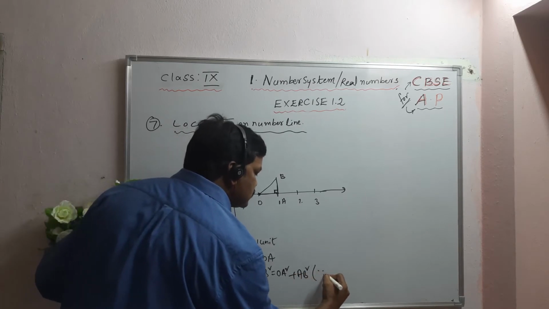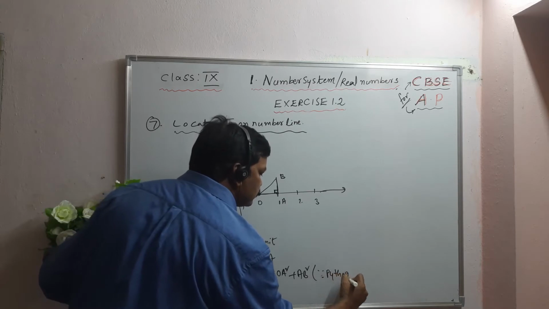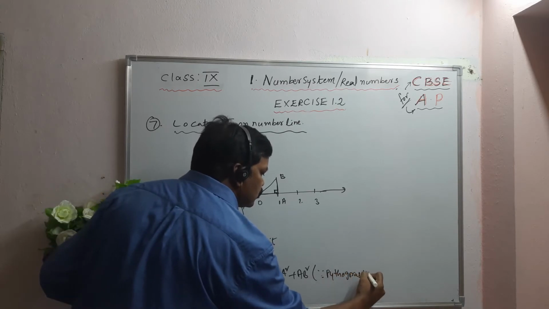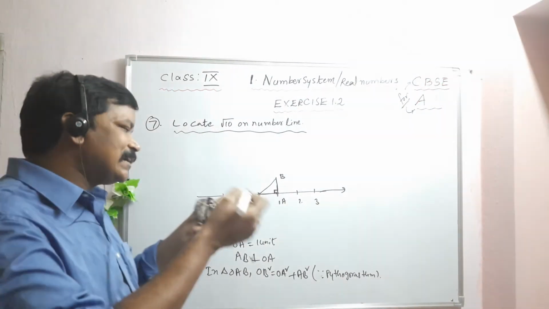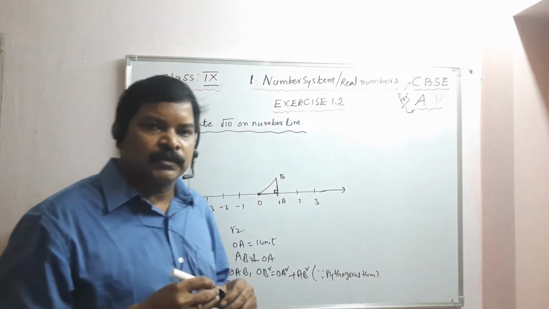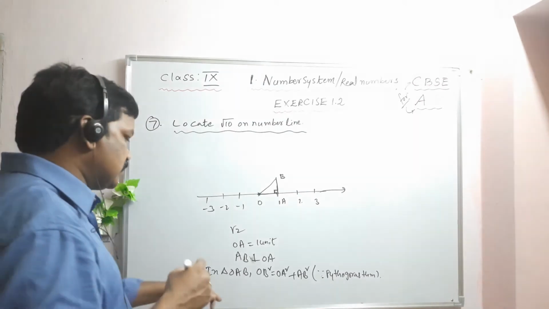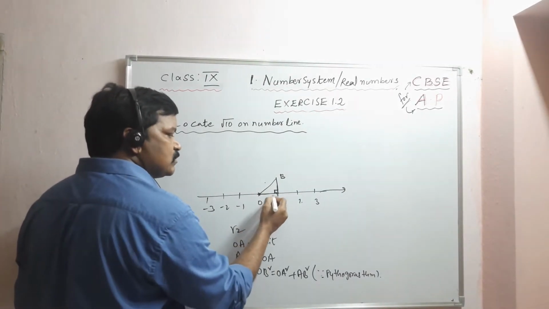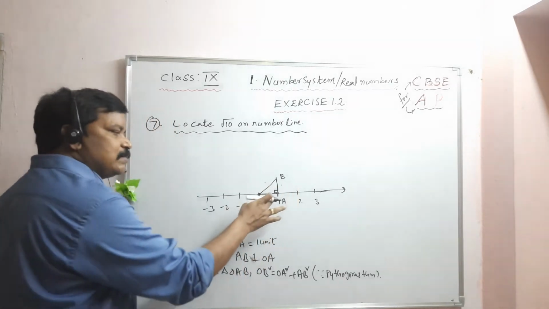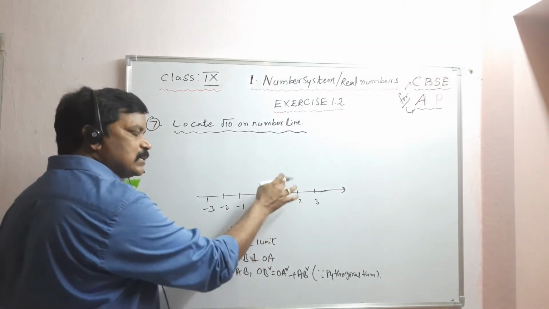Why? Since Pythagoras theorem. Actually, this theorem we will learn in 10th class, not now. In similar triangles, right? OB square, this is the hypotenuse, is equal to the sum of the squares of the other two sides, that means OA square plus AB square.